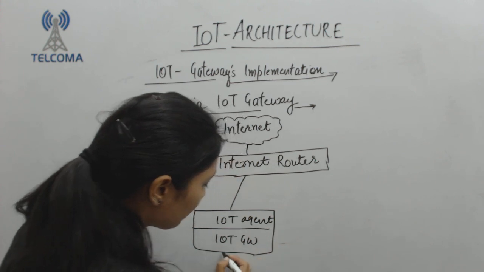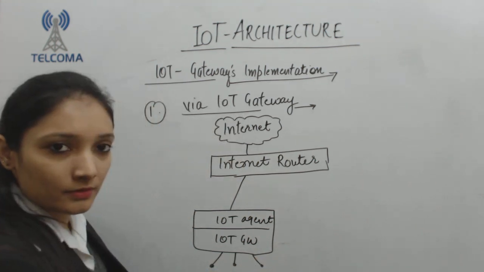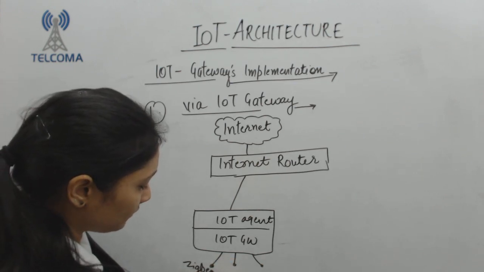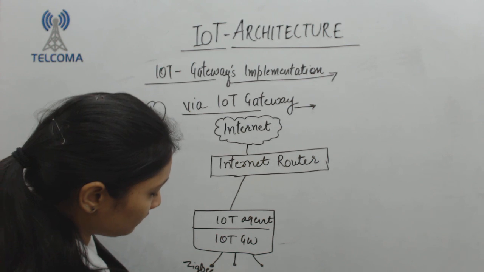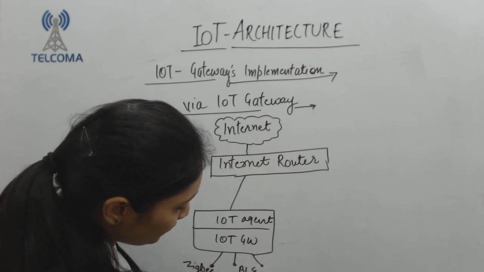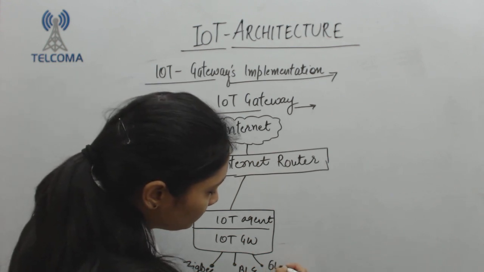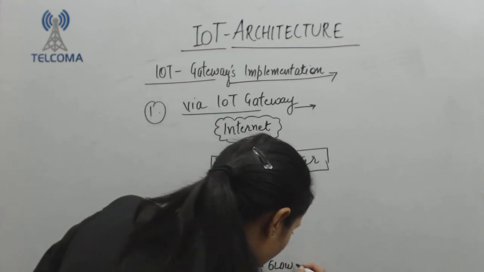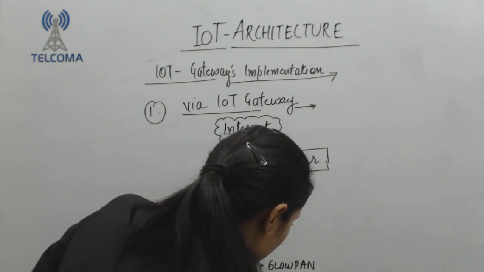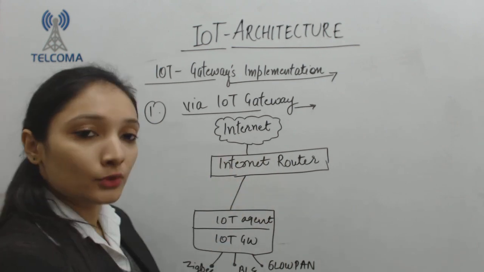Then you will have a number of nodes, like a Zigbee node, a Bluetooth low energy node, or an IPv6 over low power wireless personal area network node. So this is the scenario where we have different kinds of nodes.